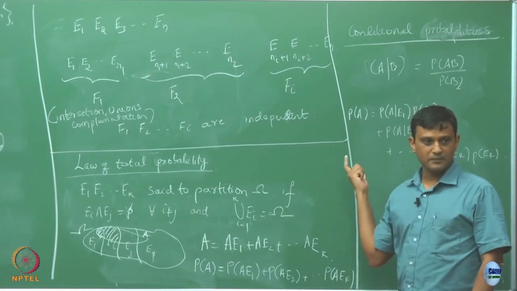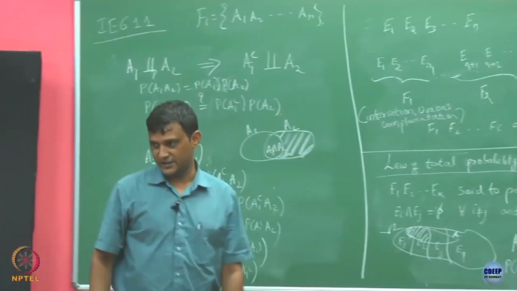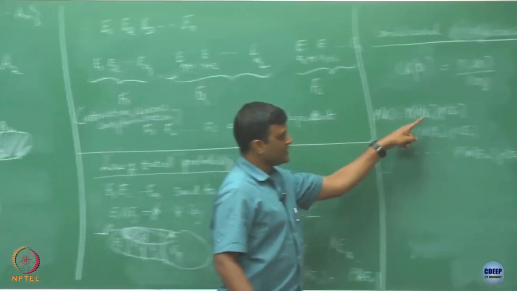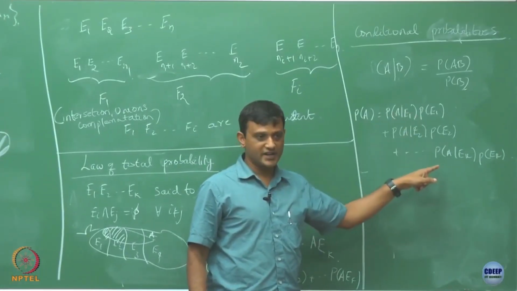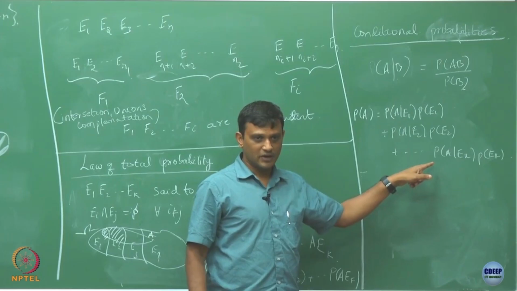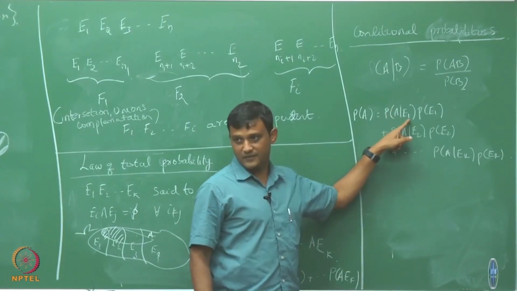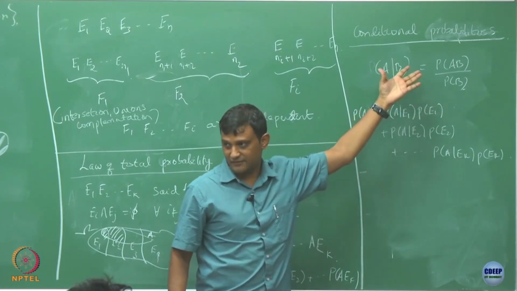So what is this formula basically telling you? Portion of A falling in E1, portion of A falling in E2, portion of A falling in Ek, right? But before I take that portion of A falling in E1, I also have to take the probability of E1 happening itself, right?